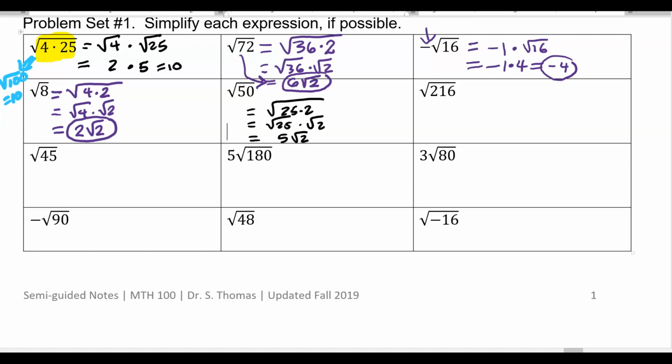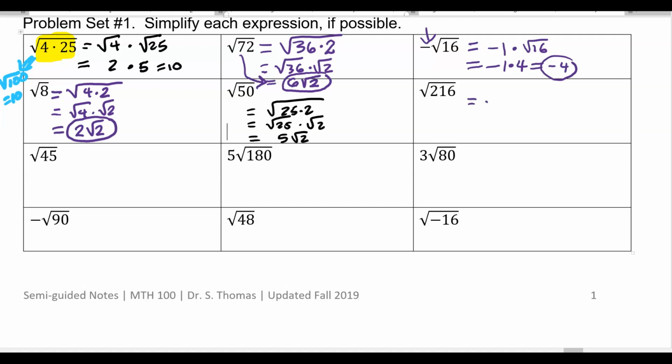What perfect square divides into 216? So it's best that you go ahead and pause the video to see if you can figure it out.